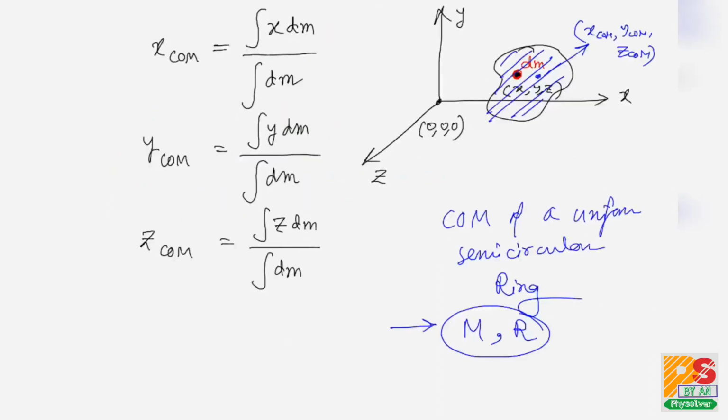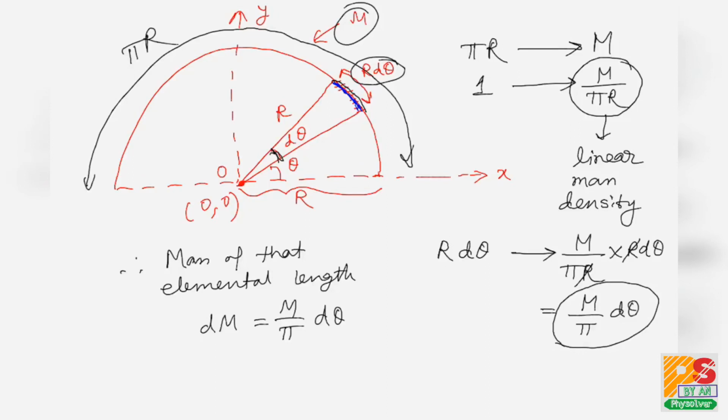As I showed in the first slide, the formula to find x com is integration x dm by integration dm. Now what is this x? This x is the x coordinate of the elemental mass. Here the elemental mass is situated here. Now what will be the x coordinate of this point?